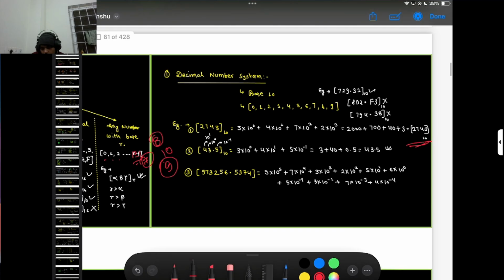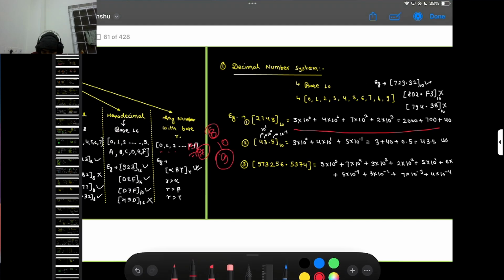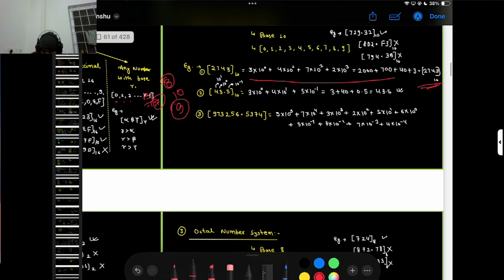We get 2743, represented this way. And for the decimal fraction after the point, 5 into 10 to the minus 1, and 3 into 10 to the minus 2, like this.